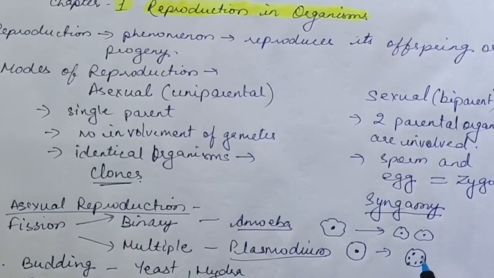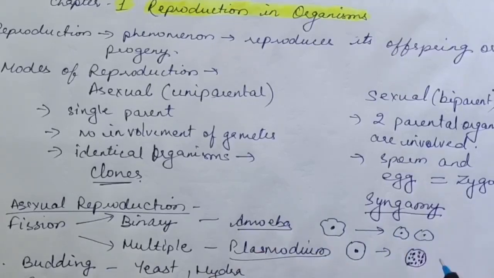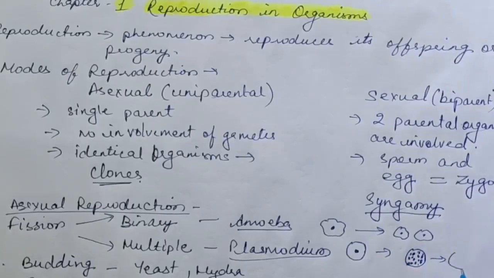There will be karyokinesis in multiple numbers, and this cell will, after karyokinesis, follow cytokinesis for each individual nuclei and will form an encysted wall around all the nuclei which are formed during karyokinesis.